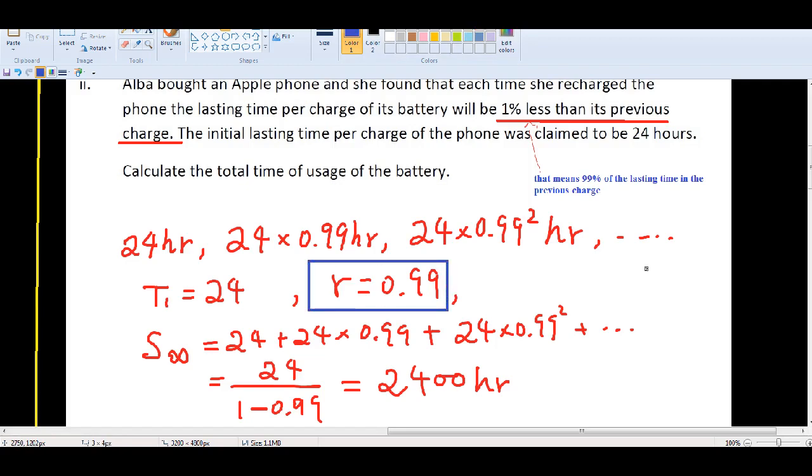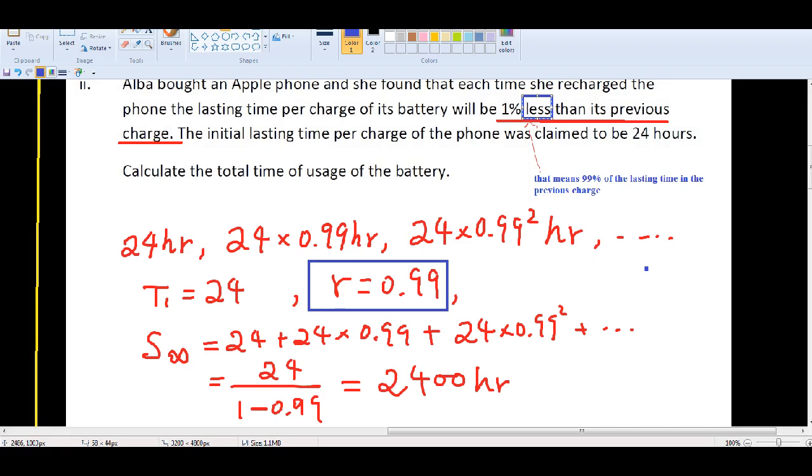The common ratio is not 1% or 0.01. The common ratio should be 0.999. Why? Because that's 1% less. It's not 1% of the previous charge.